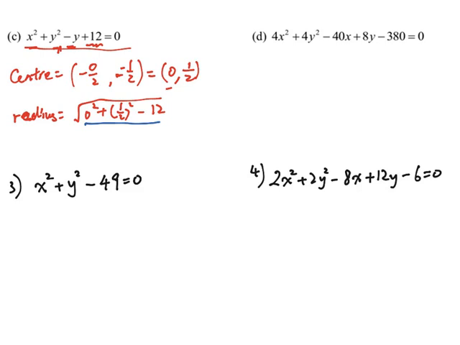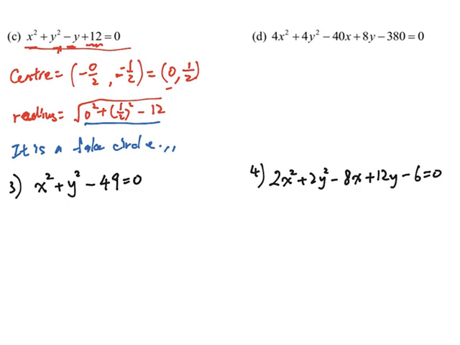If we take square root of a negative, it's an error, math error. So for this situation, this circle is a fake circle. That means just imaginary, no such circle.